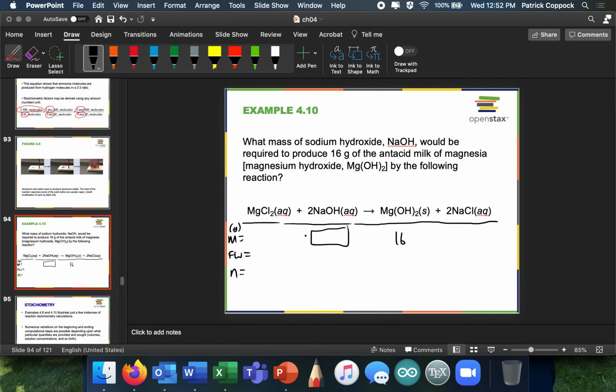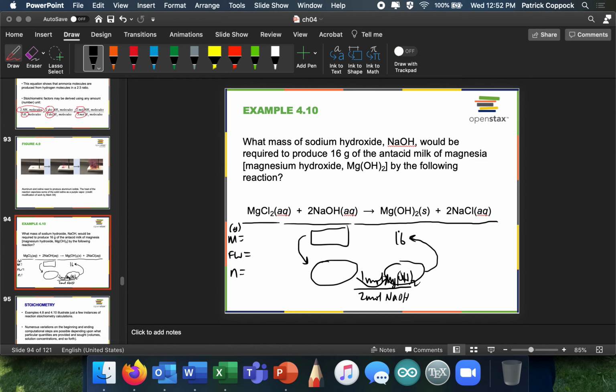I would need to convert this to moles, because this is the only relationship I know. I know that there are 2 moles of sodium hydroxide for every 1 mole of milk of magnesia, right? Can you see that? That's the ratio that I know. And then once I get the moles here, I can use the formula weight to go to grams. So that's how we're going to set these up.